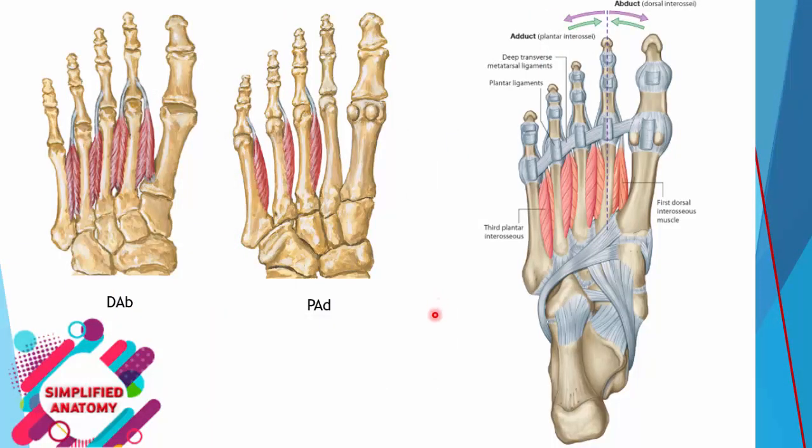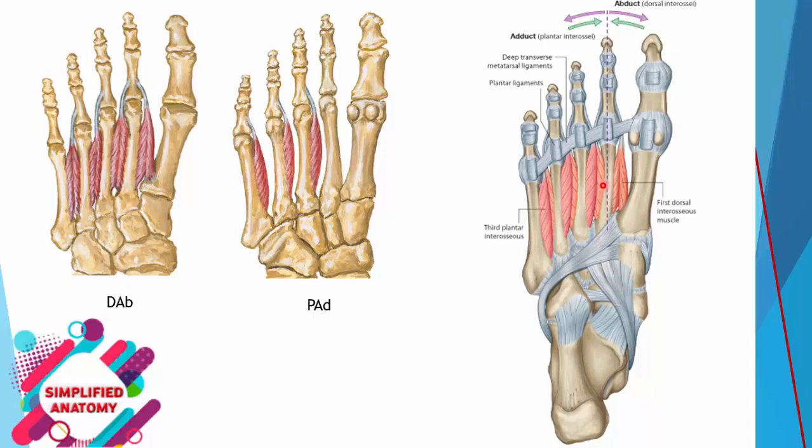The fourth layer is formed of two tendons. The tendon that comes laterally is called peroneus longus, and the tendon that comes medially is called tibialis posterior. So in the fourth layer, there are two tendons, peroneus longus and tibialis posterior.